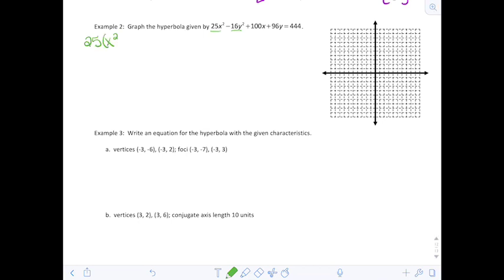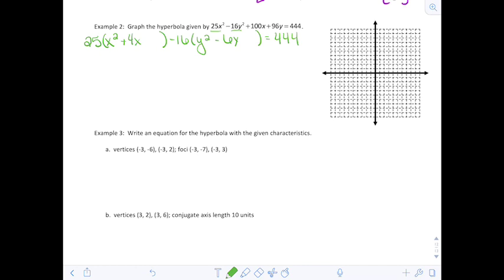When I factor it out of the 100x, I have plus 4x. I'm going to leave a space, and then I'm going to factor out a -16, and I will have y squared minus 6y, sorry. And so then I'm going to leave a space, and that's going to equal 444.